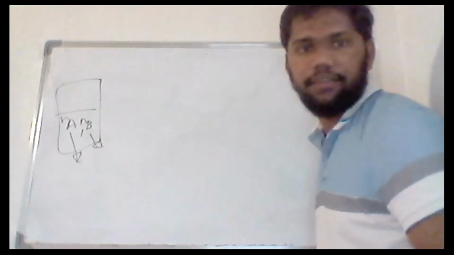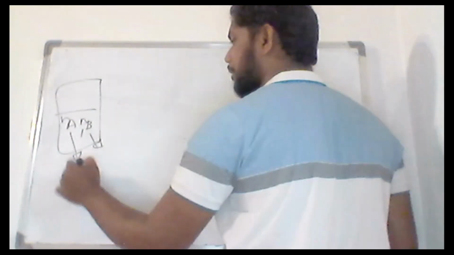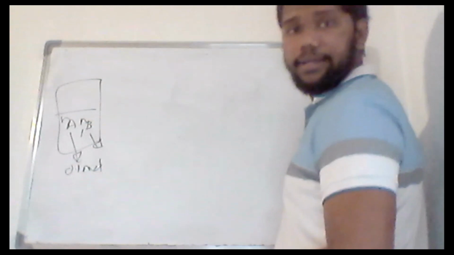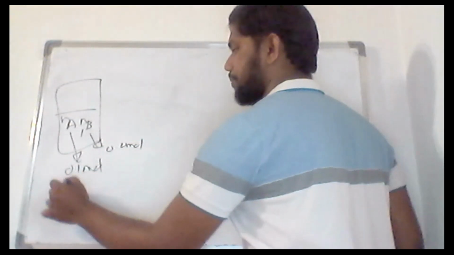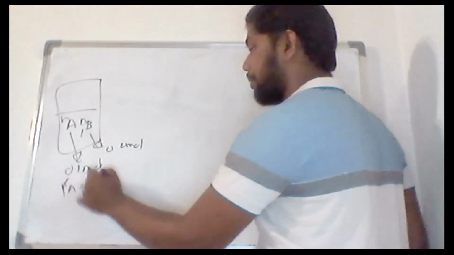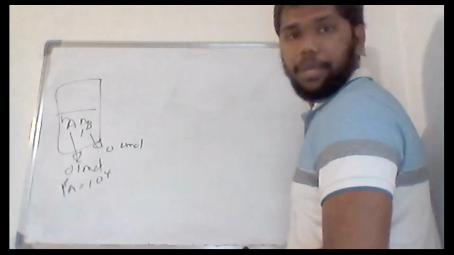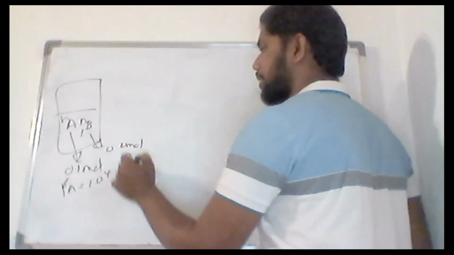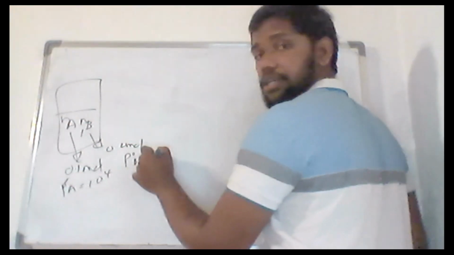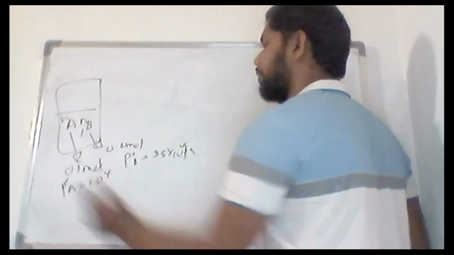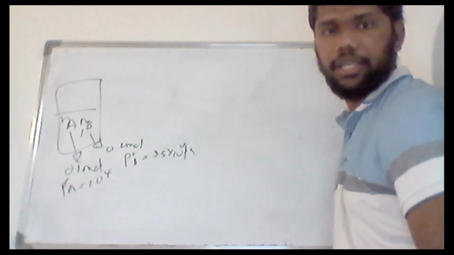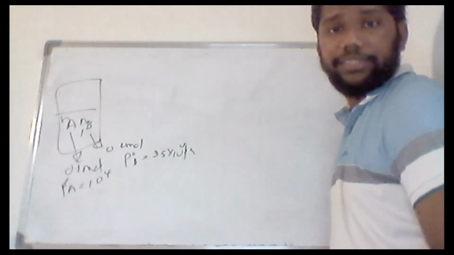Primarily we are given Na is 0.1 mole and Nb is 0.2 mole, and P naught A is given as 10 to the power 4 Pascal, and P naught B is given as 3.5 times 10 to the power 4 Pascal. And calculate the partial pressure of A.